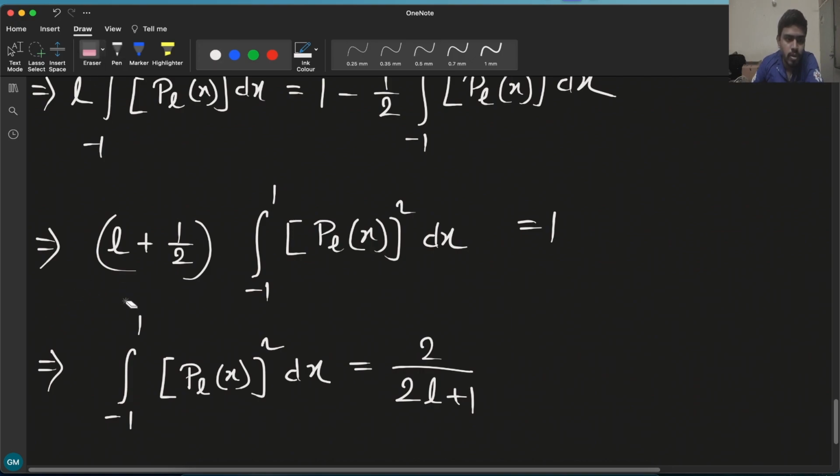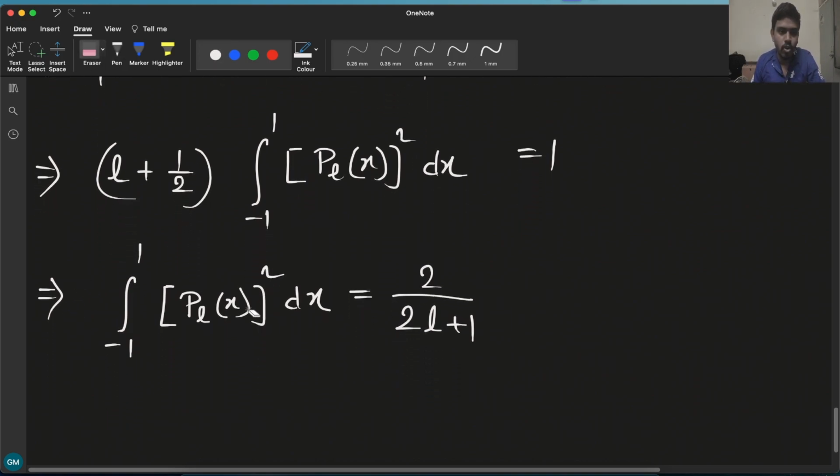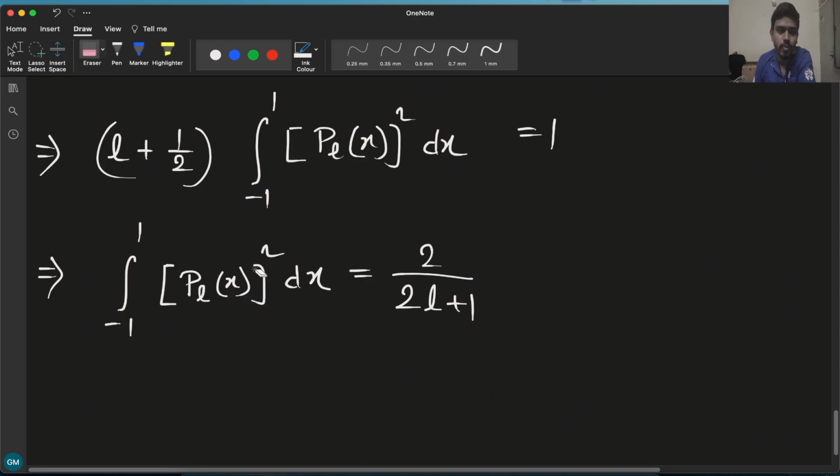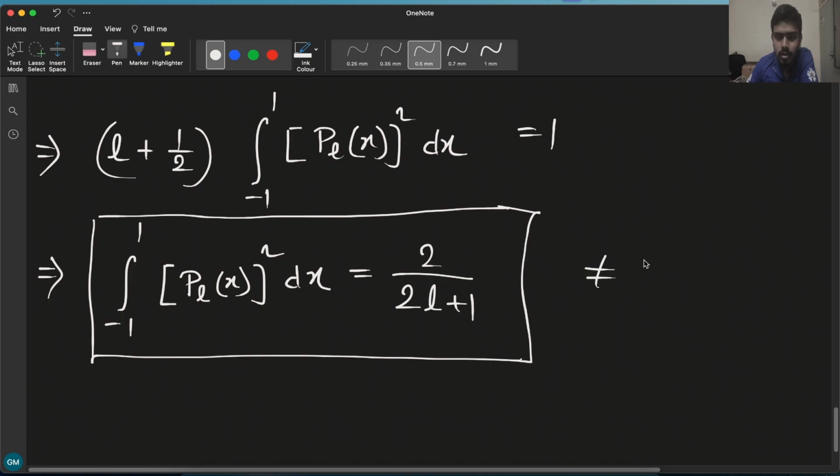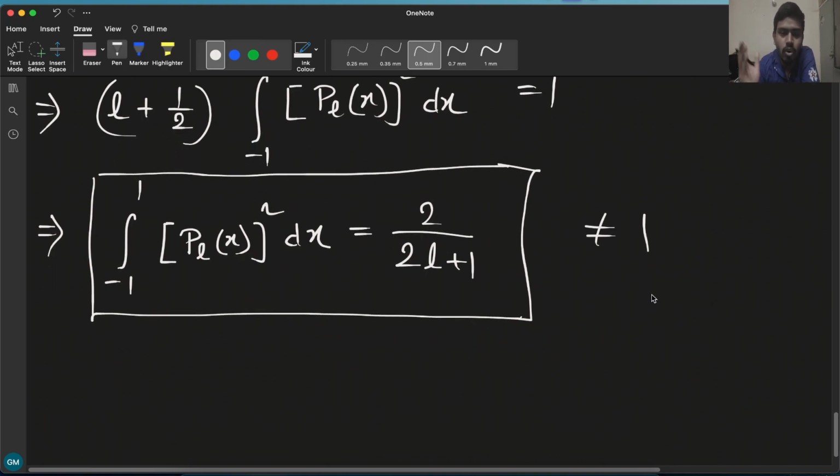This is the inner product, or dot product, of two P_l's, and it is not equal to 1. That means our Legendre polynomials are not orthonormal.